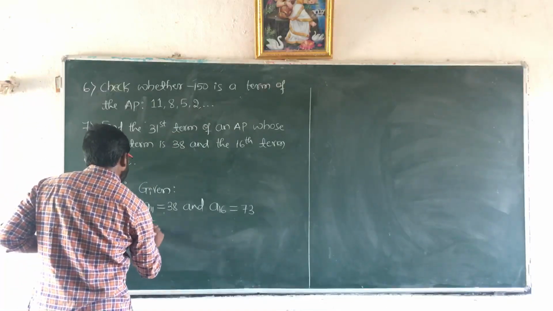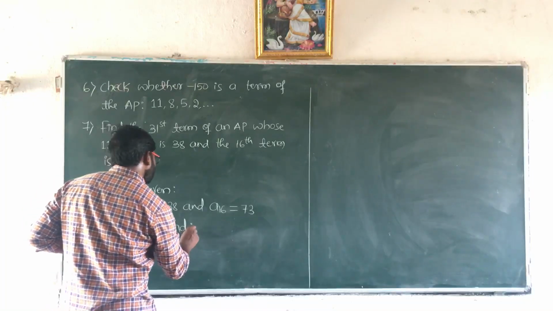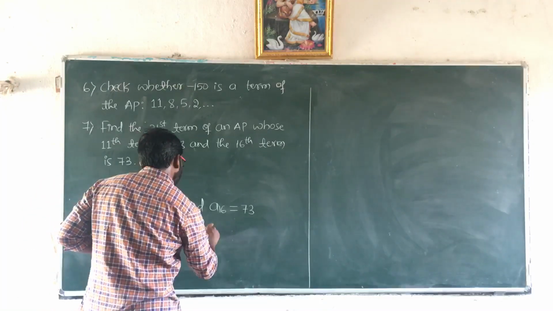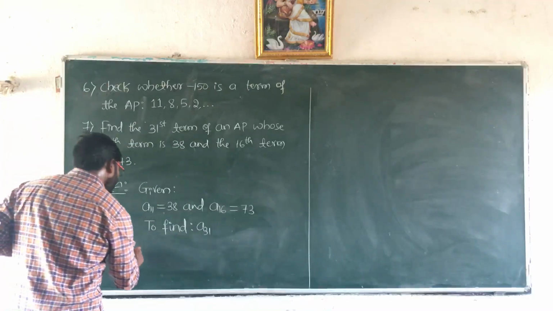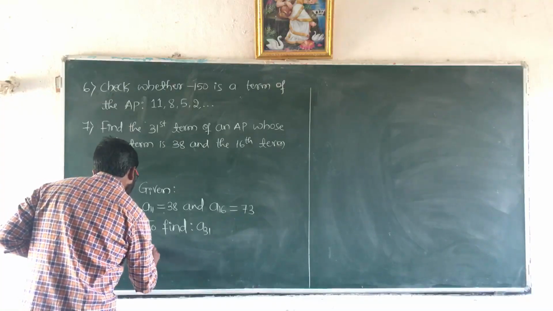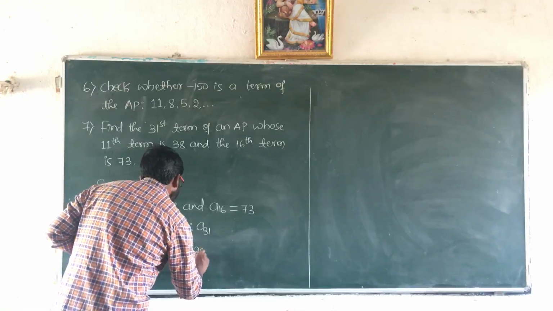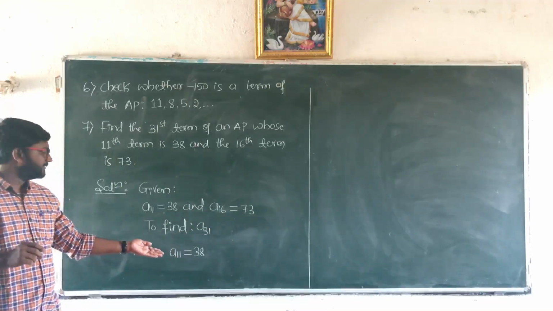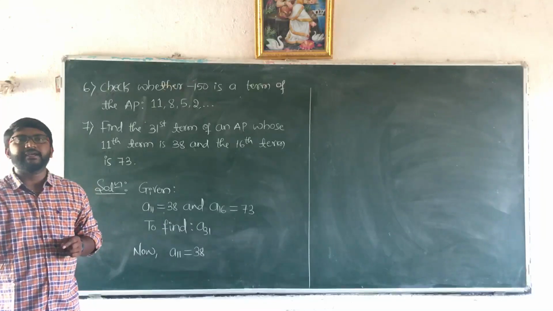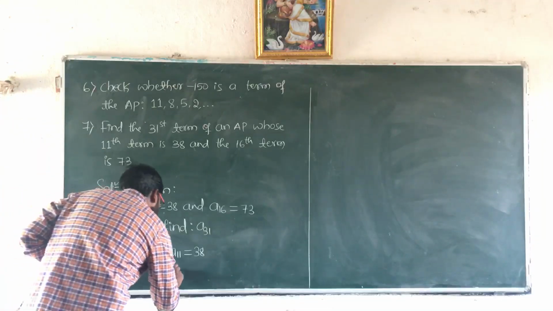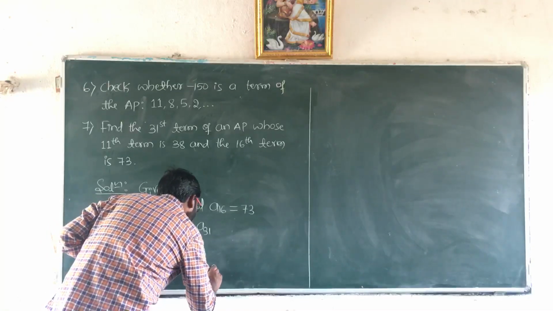So that is what we have to find, A31. So now I will proceed. See here, A11 is equal to 38. A11 is nothing but the 11th term. How do you write the 11th term of an AP? It is A plus 10D, which is equal to 38.